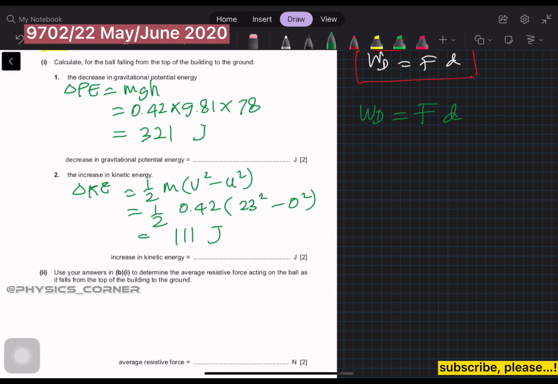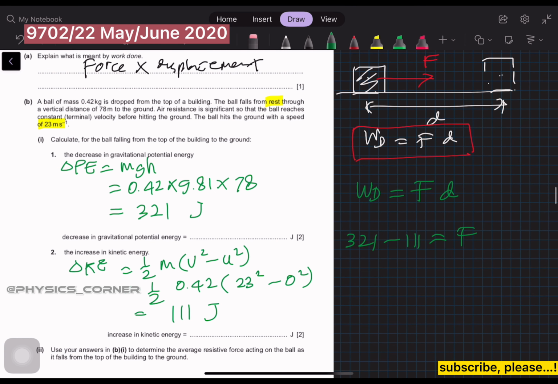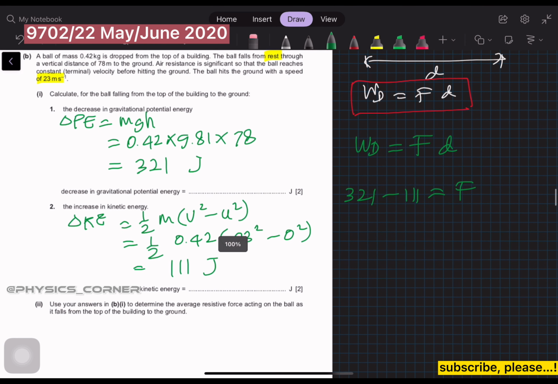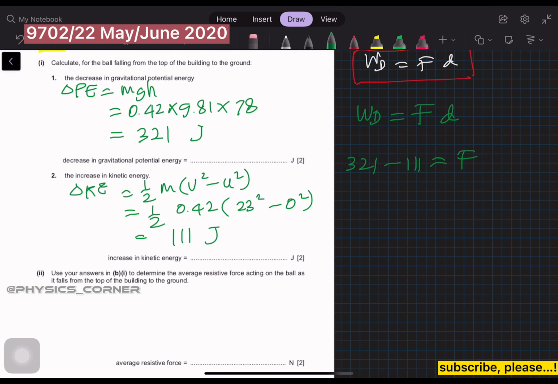Work done is like the change between potential energy and kinetic energy change, between 321 and 111. This is equal to F times d, and they have d as the height, about 78 meters before hitting the ground.